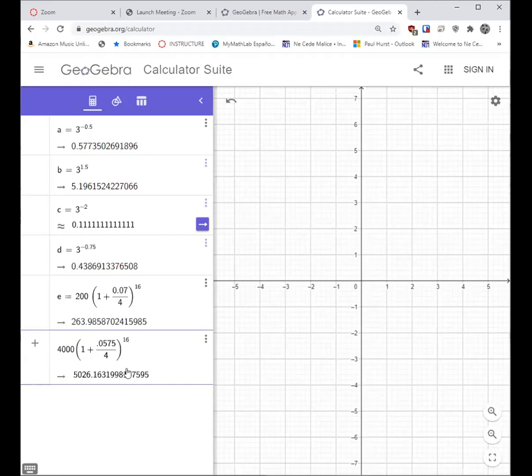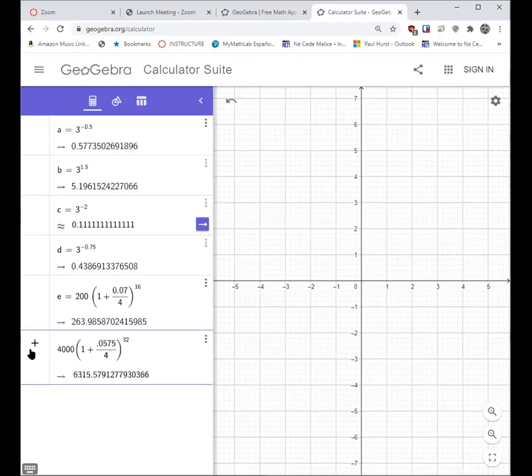The second one was 6 years, so we decided to put 24. I can just change this to 24, and there we go. $5,634.10. That sounds reasonable. And then the last one was 8 years. That's 4 times 8 is 32.